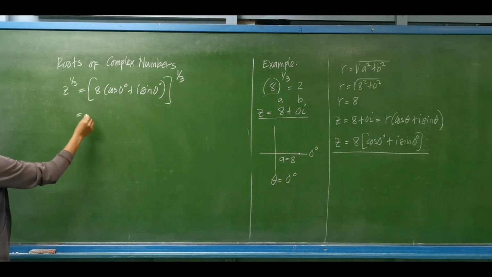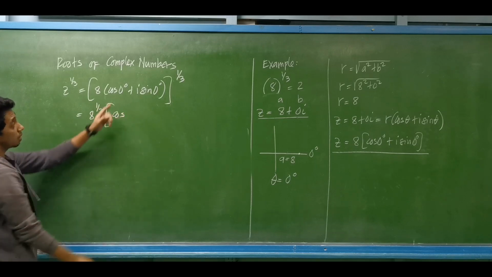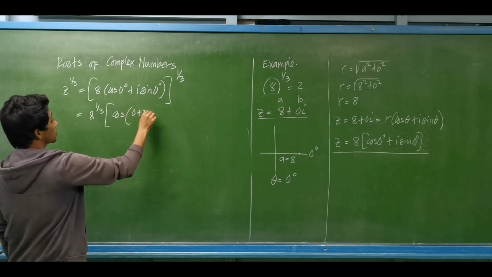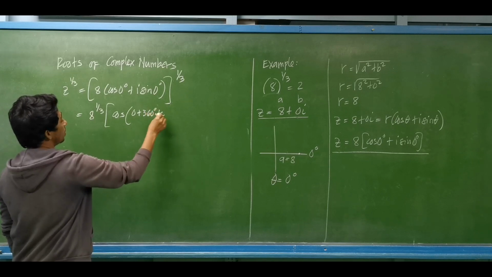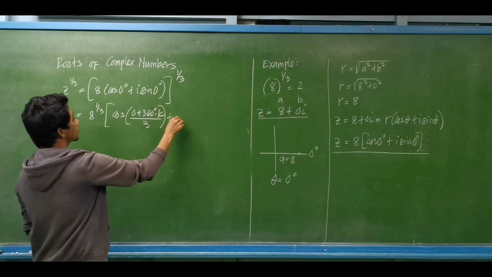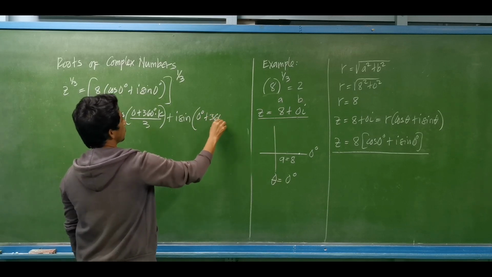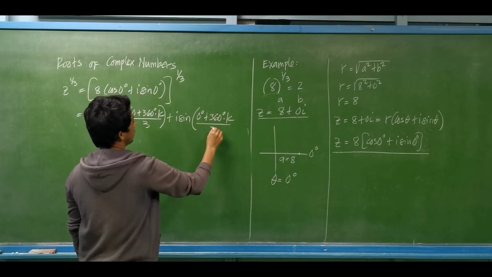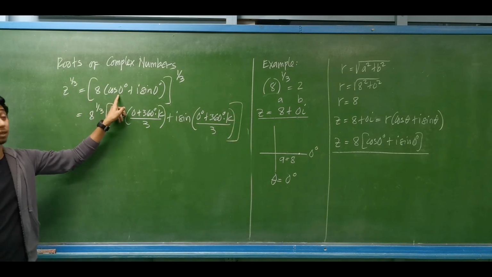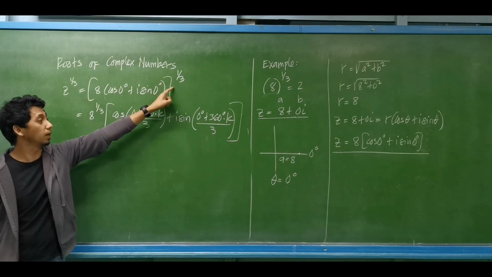Simplifying, this is 8 raised to 1 over 3 multiplied by cosine of (0 plus 360 degrees times k) divided by 3, plus i sine of (0 plus 360 degrees times k) divided by 3.